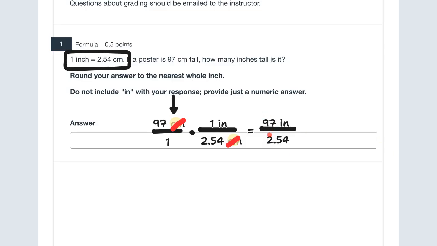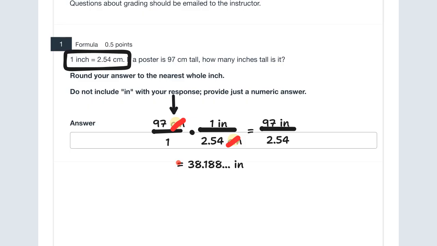Then we're ready to grab our calculator and do 97 divided by 2.54. So this is equal to 38.188, and these keep going.